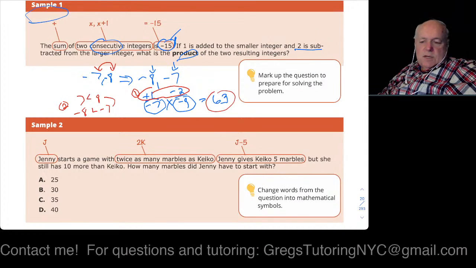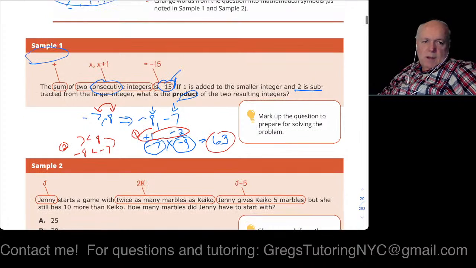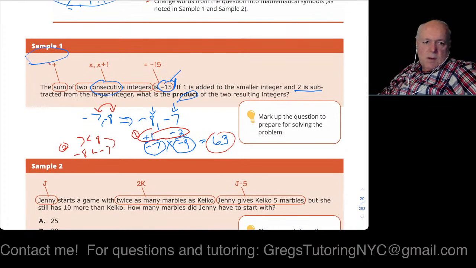All right, that's the way to solve it, just by logic and observation. There's another way to solve it algebraically, and that's part of what they're giving you here. Let me change the color one more time. Let's use green. If you notice, they use x and x plus 1. They're the two consecutive integers. So we have x, and then the next one would have to be x plus 1, right?